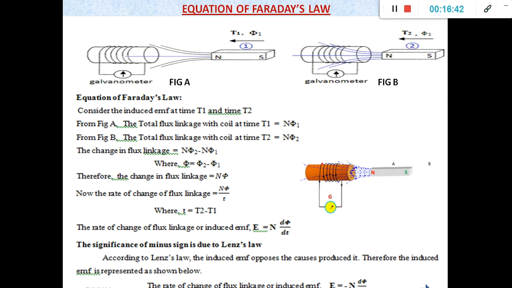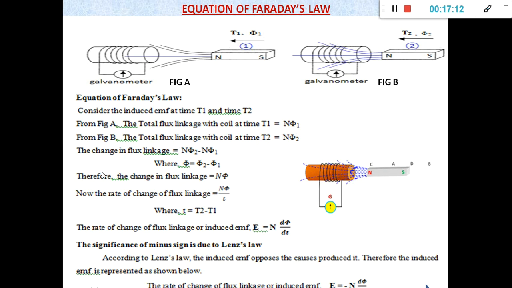From figure A, the total flux linkage is equal to N into phi 1, the number of turns into the amount of flux linked with those turns. From figure B, the total flux linkage with the coil at time t2 is equal to N into phi 2.